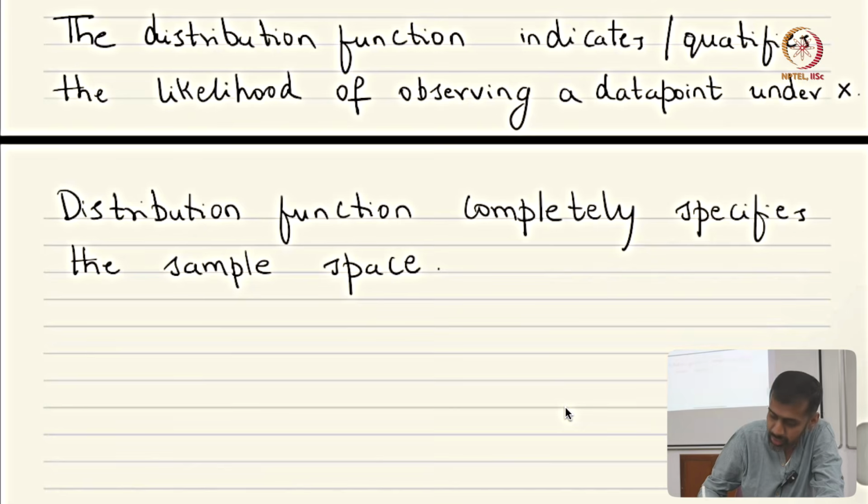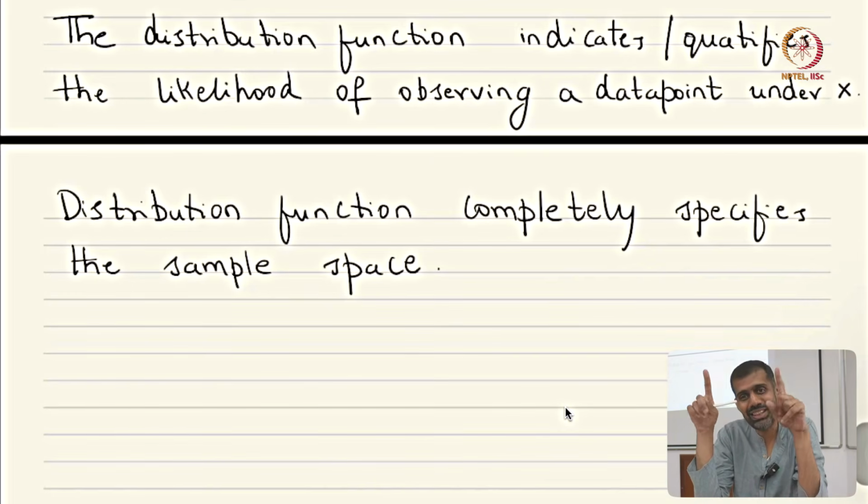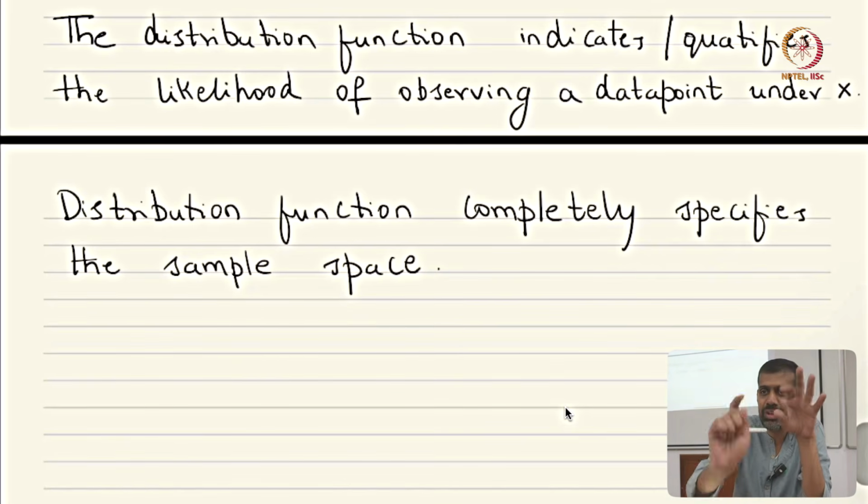So, in this example, the statement that the distribution function completely specifies the sample space is a true sentence. Suppose you have one other random variable that is defined on the same sample space. Calling it a label is an interpretation. Mathematically it is another random variable that you are defining on the same sample space. So, the entire experiment is that an image is being taken and a label is being assigned to it. That entire thing is now modeled as two random variables, one which corresponds to getting the image, the other that corresponds to assigning a label. Make sense?